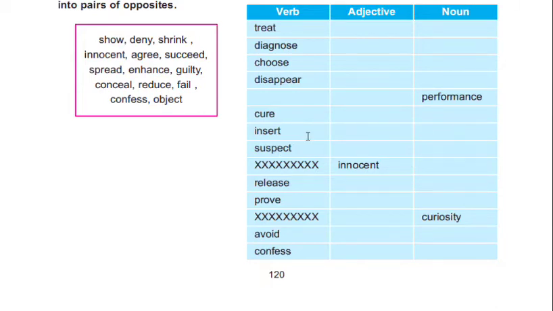In suspect, you have suspicion in the person. When you have your own suspicions, you are not sure about someone, whether he's good or bad. A suspicion ends in cion. Suspect is a verb and suspected is the adjective.